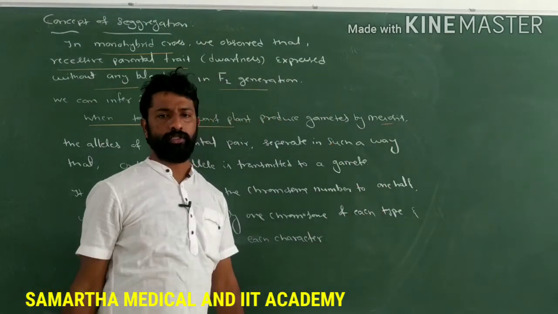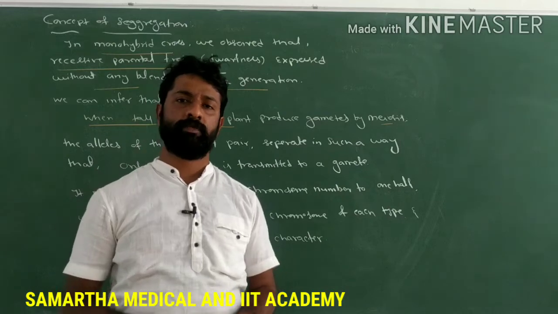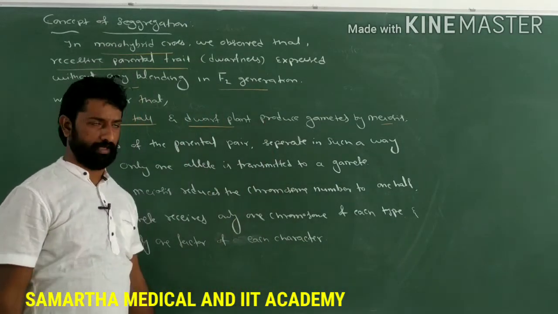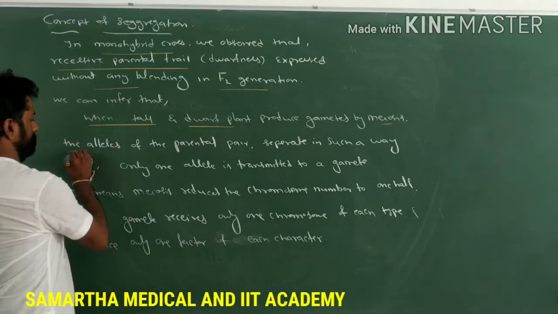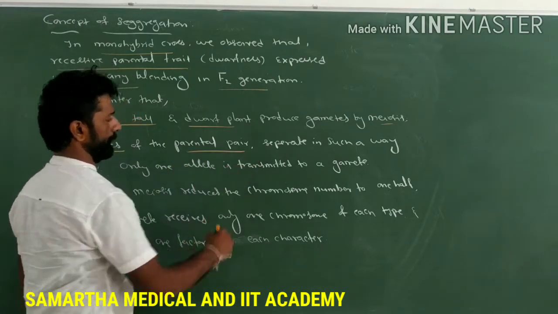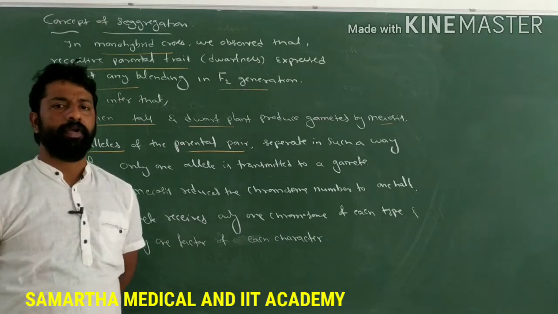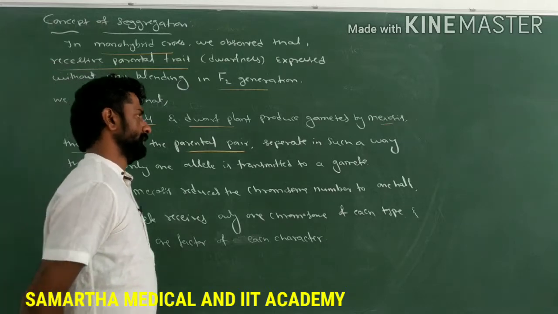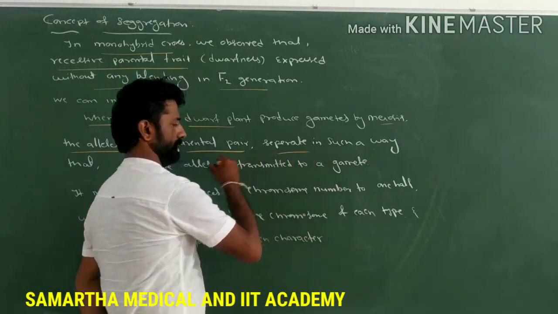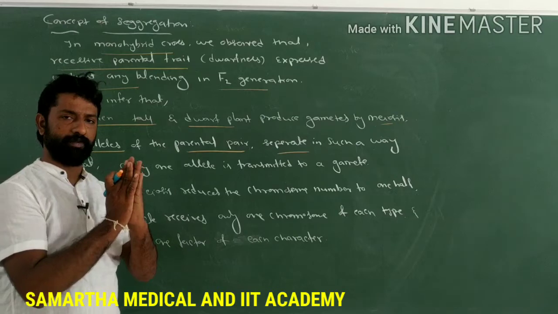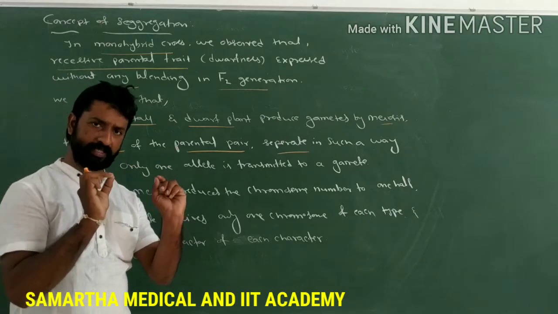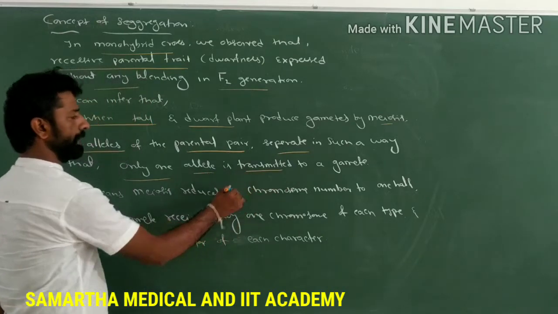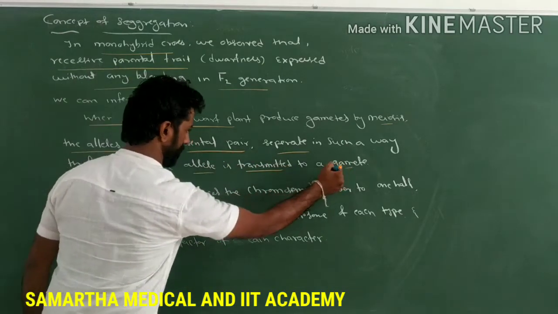We know that the production of gametes takes place by a process called meiosis. In meiosis, the alleles of the parental pair for each character separate in such a way that only one allele is received by, or transmitted to, a gamete.